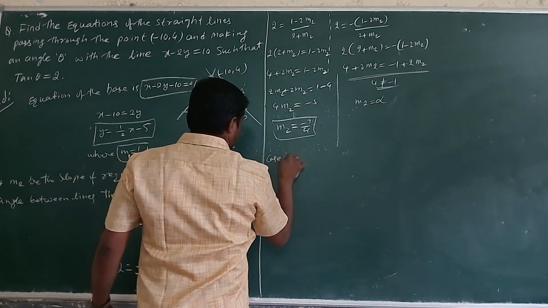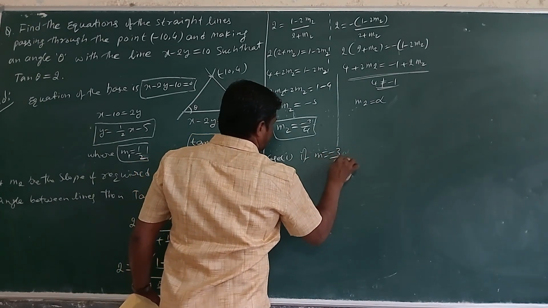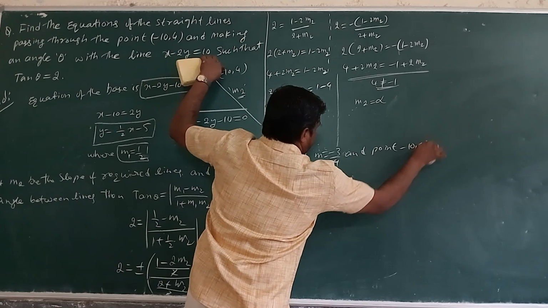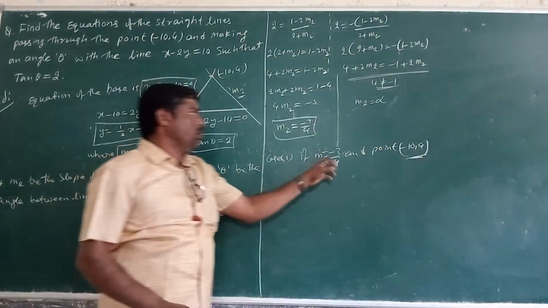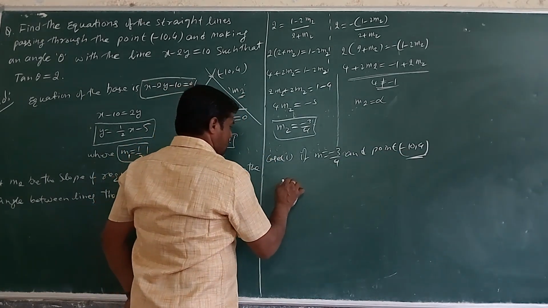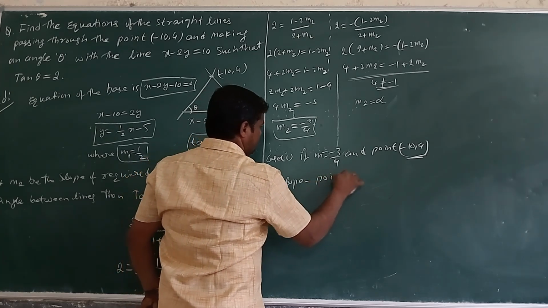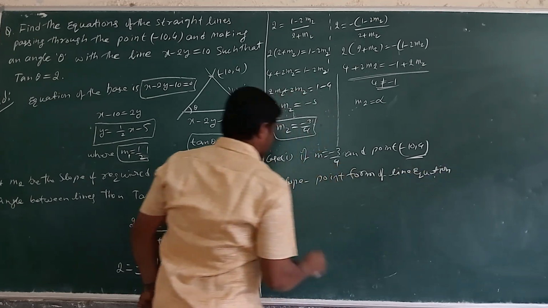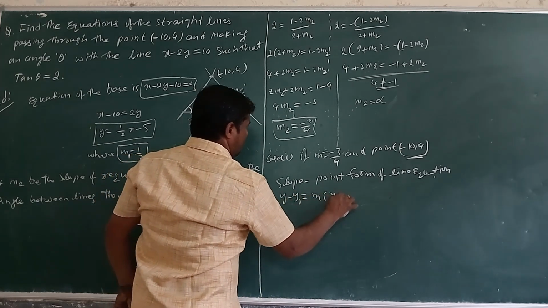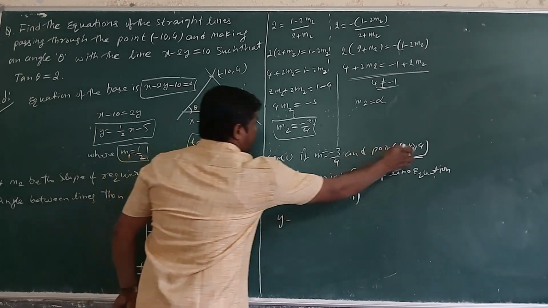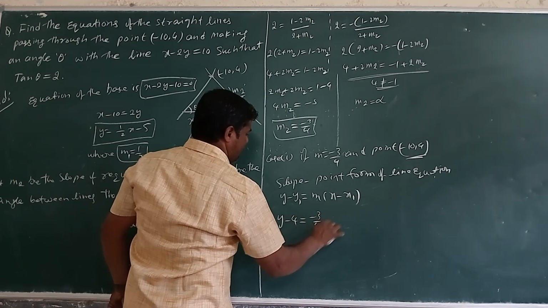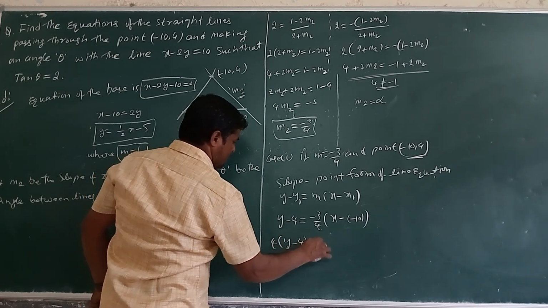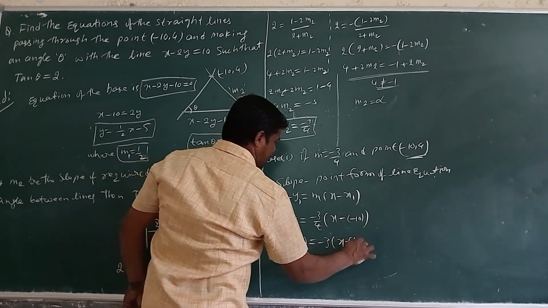Case 1: m equals minus 3 by 4 and point (-10, 4). Use the slope-point form of the line equation: y minus y1 equals m of (x minus x1). y minus 4 equals minus 3 by 4 of (x plus 10). Cross multiplying, 4(y minus 4) equals minus 3(x plus 10).